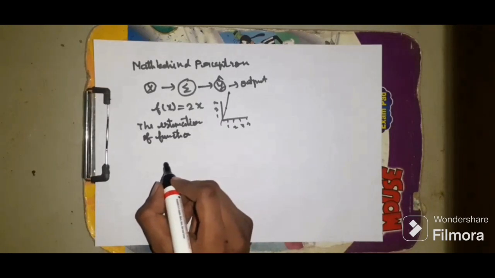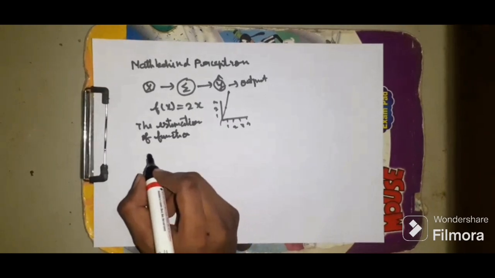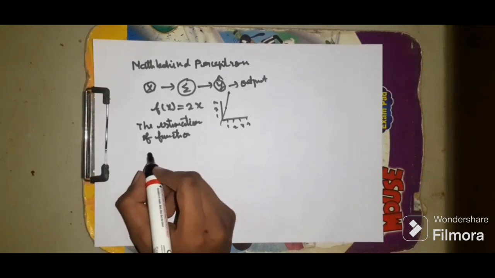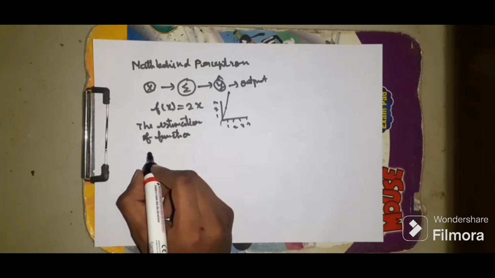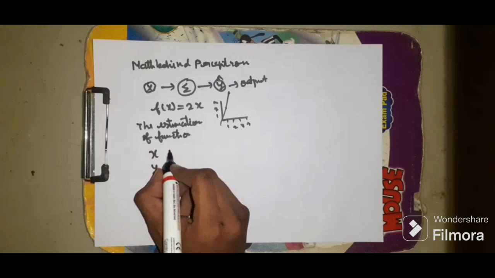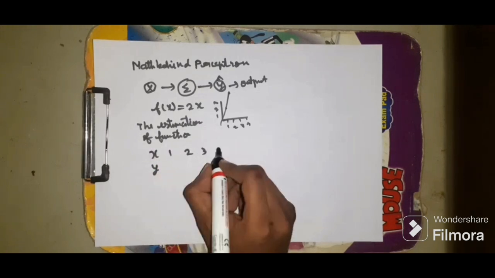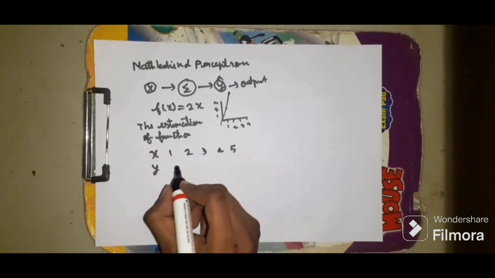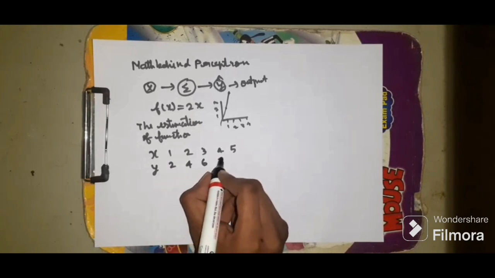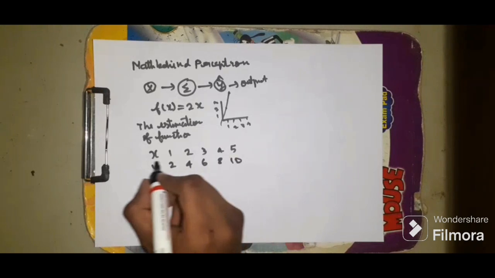Let's see how it estimates the function. First, we need input and output pairs. We need input and output pairs 1, 2, 3, 4, and 5. And the output will be 2, 4, 6, 8, 10.